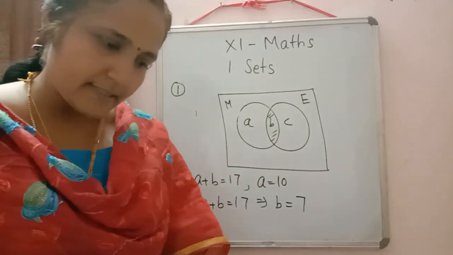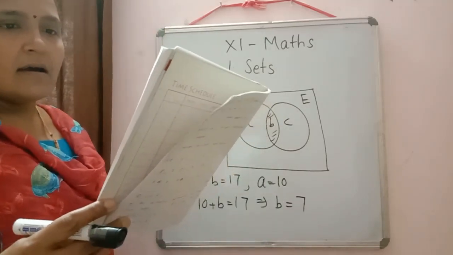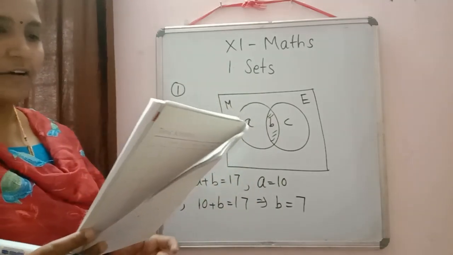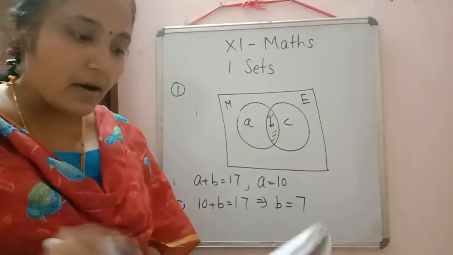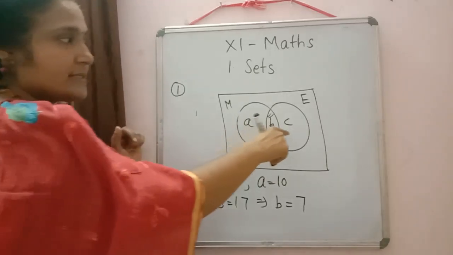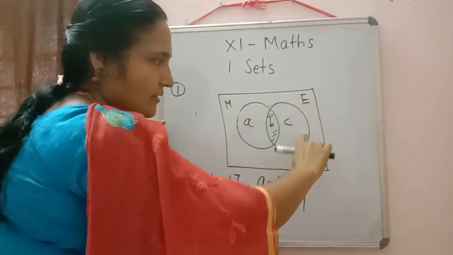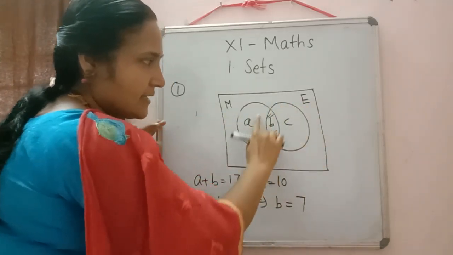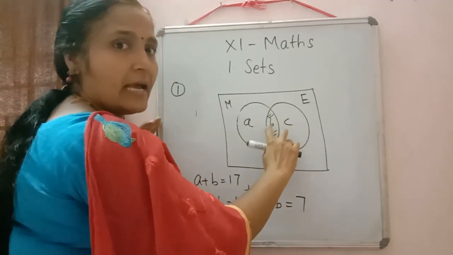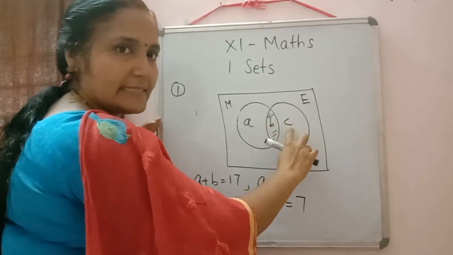Now we can check what is the next condition: the number of students who have taken economics but not mathematics. Economics is represented by this region, and economics is a combination of B and C.